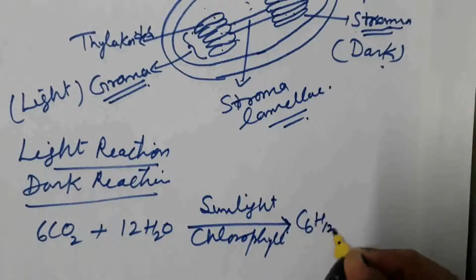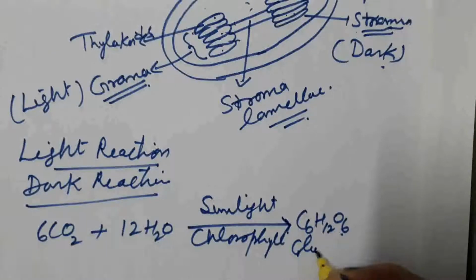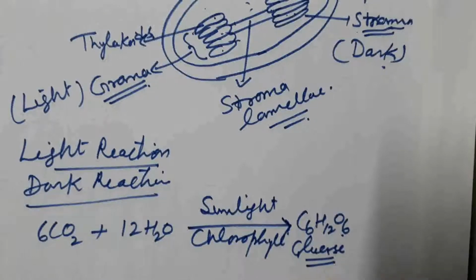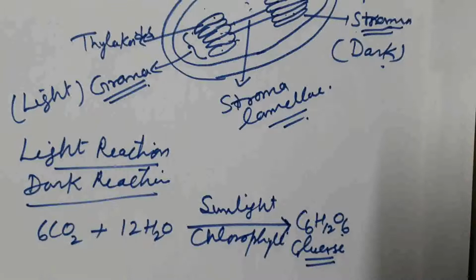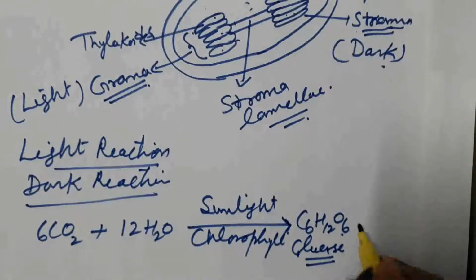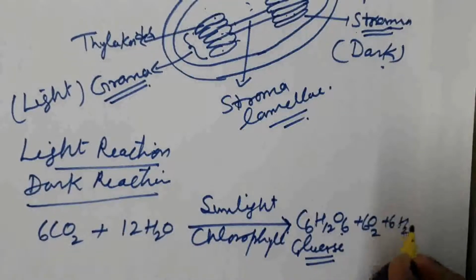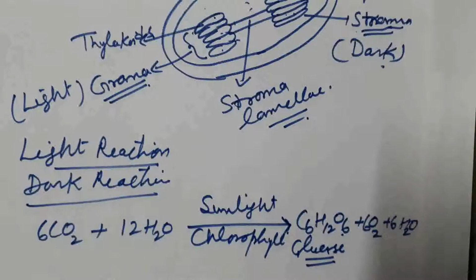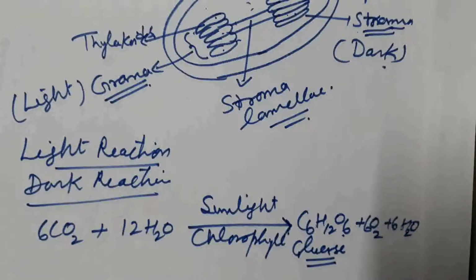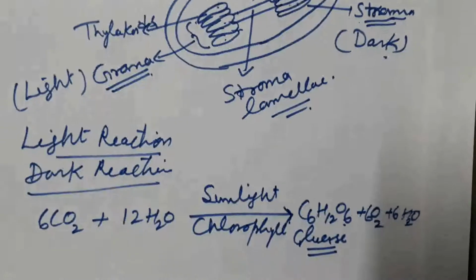Glucose or carbohydrate is produced in this process as a food material which is utilized by the plants for their need, and the food which is not immediately utilized is stored in the plant in the form of starch. Along with this, oxygen and water molecules are also produced. Now we will discuss light reaction and dark reaction in detail.